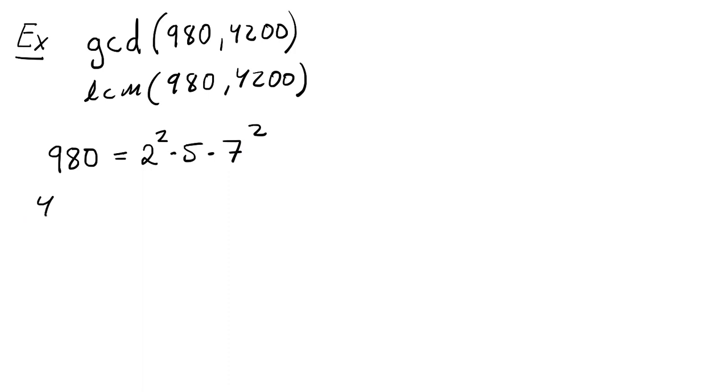And the same way you can find that 4200 you can write as 3 2s, 1 3, 2 5s, and 1 7. Okay, so this will be helpful now when we try to find the greatest common divisor and least common multiple.